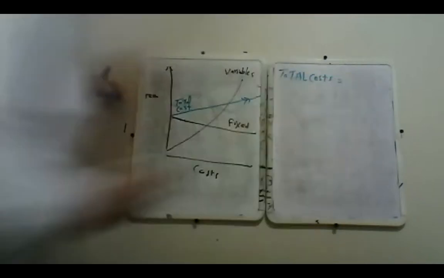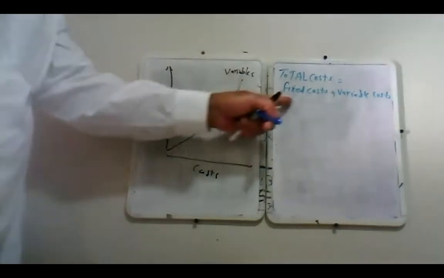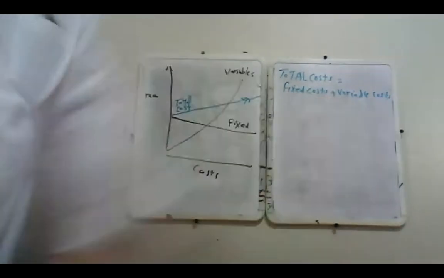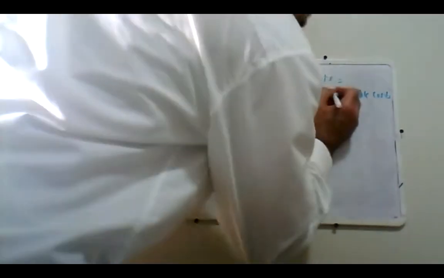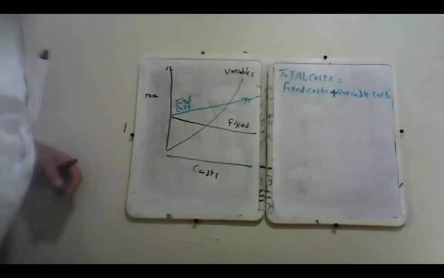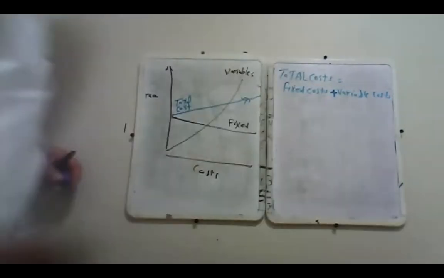Total costs will equal fixed costs plus variable costs, both of them together.